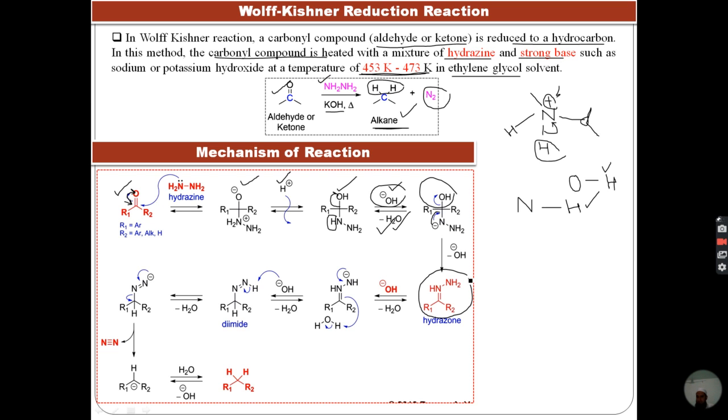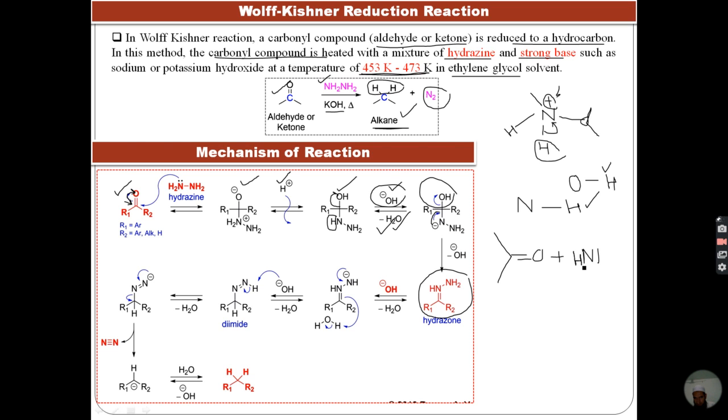So amine compounds react with the carbonyl compound to form Schiff bases. But when it is hydrazine with the carbonyl compound, the new compound formed is hydrazone. You can also generalize it like this to remember. This is our carbonyl compound. So reaction of this carbonyl compound with hydrazine.